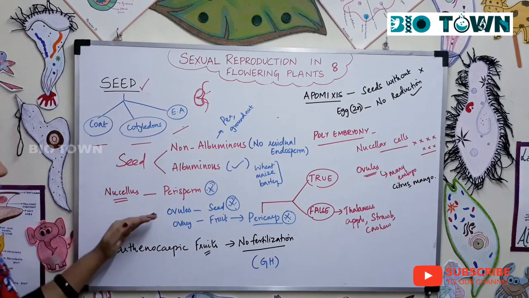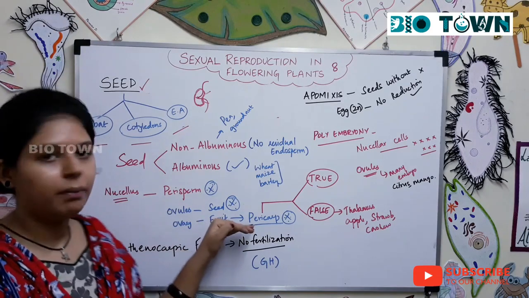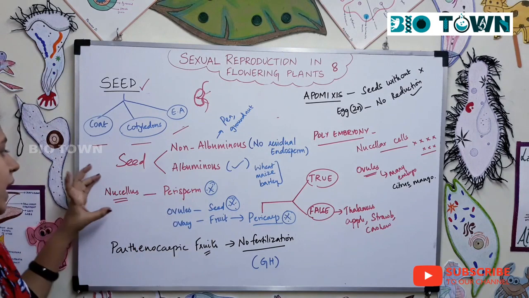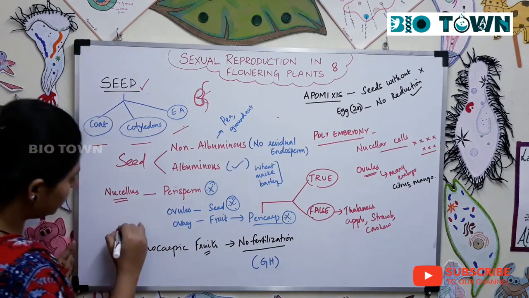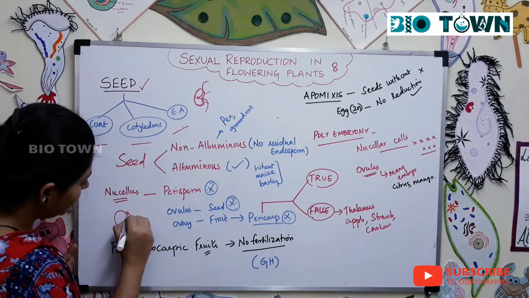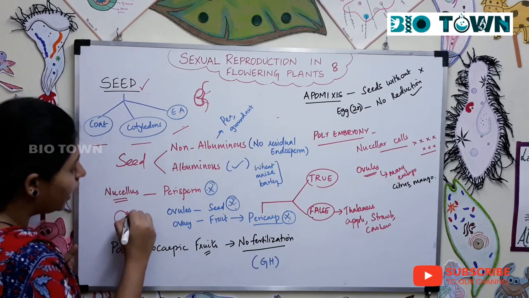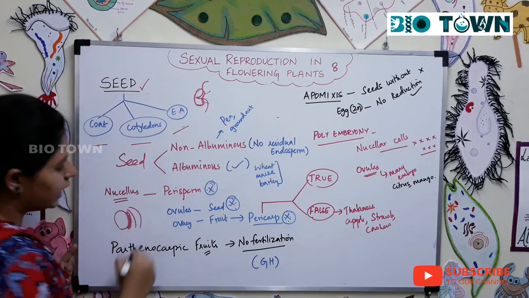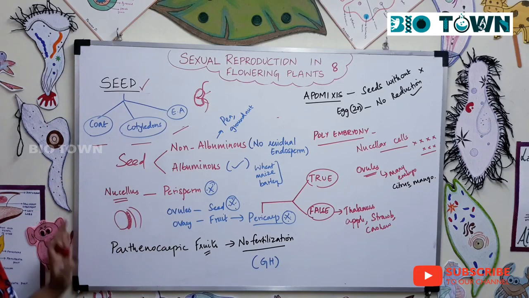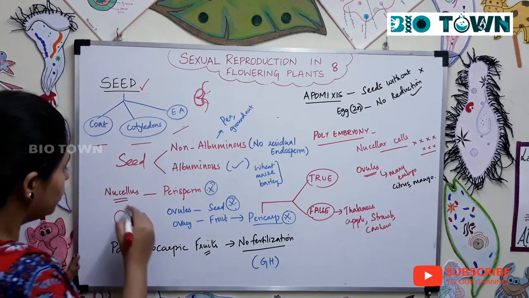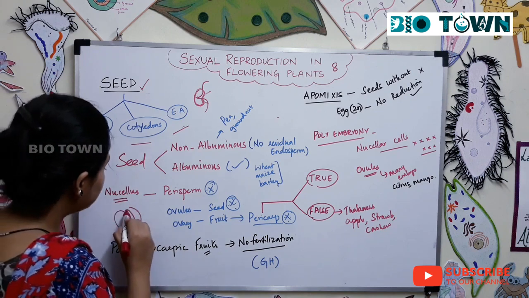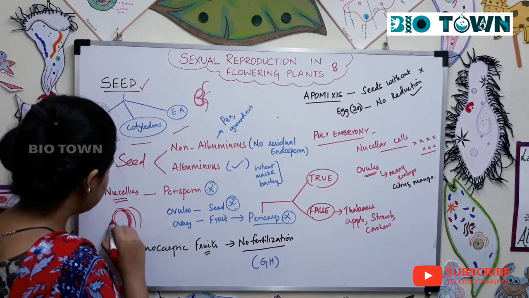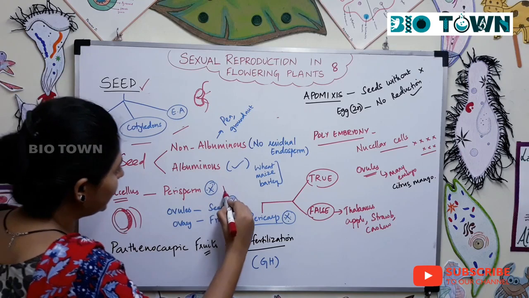And now we'll talk about what a perisperm and a pericarp are. On the ovules you have the nucellar cells, above which you have the inner integument and the outer integument. If you have seen my previous session, you would know the concept. When the nucellar cells start dividing, they become the perisperm.